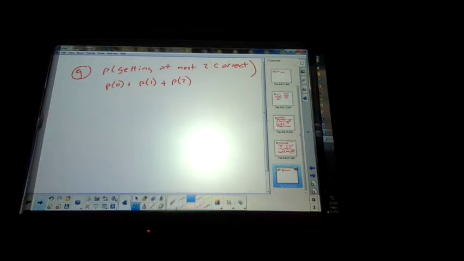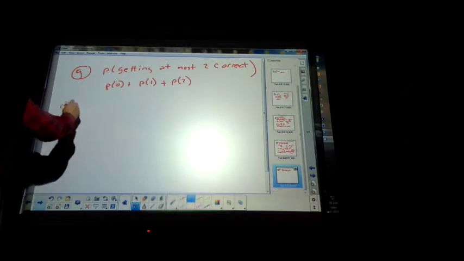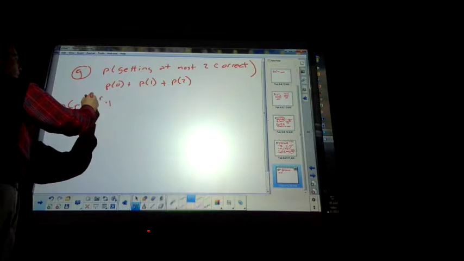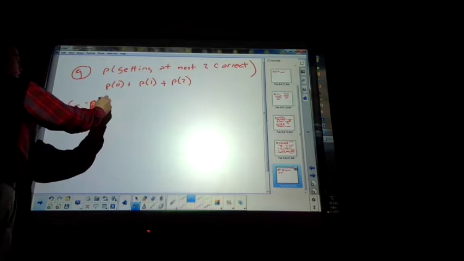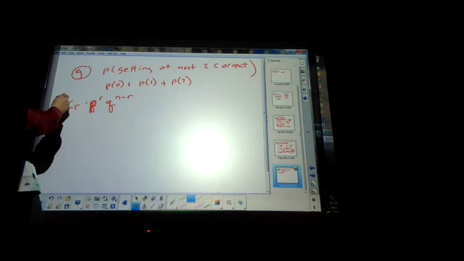There's not really a shorter way to do this because we're flat smack in the middle of our number of questions. Okay? So I'm going to use my equation, nCr times p raised to the r times q raised to the n minus r. I have to use this equation how many times in this event? 3 times.